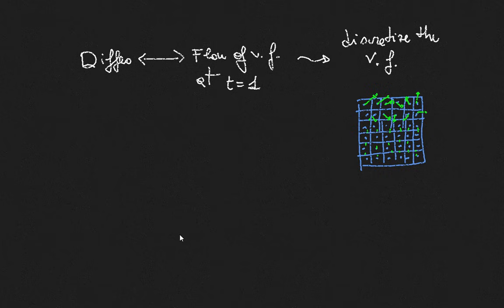So the best choice of metric to compare your diffeomorphisms is something Gaussian, which will give a lot of importance to the variation of nearby vector fields. So the metric on the diffeomorphisms is a norm on these vector fields.